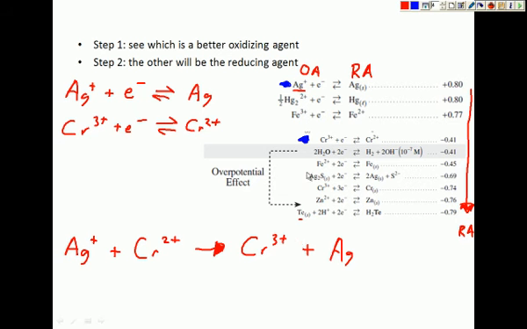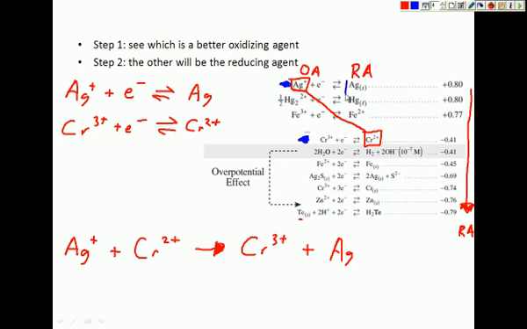And this is our spontaneous reaction. Okay? So how we choose it is, I know we took this reaction and kind of flipped it around, but since this one is our strongest oxidizing agent, and this one, of the ones that we're dealing with in this example, is our strongest reducing agent, these two are going to be our reactants.